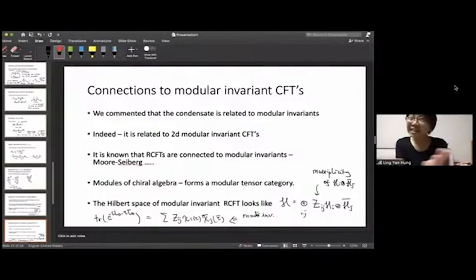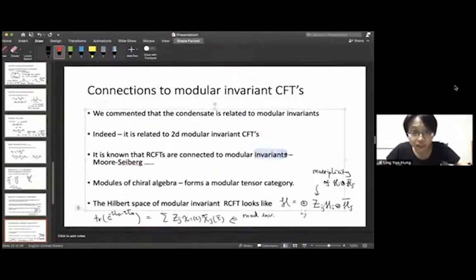But you can always fold the theory, and so every condensable algebra actually corresponds to some modular invariant, and they are precisely so. So we know that in rational conformal field theories, the primaries can be organized by, I shouldn't say modular invariance, I meant modular tensor categories.